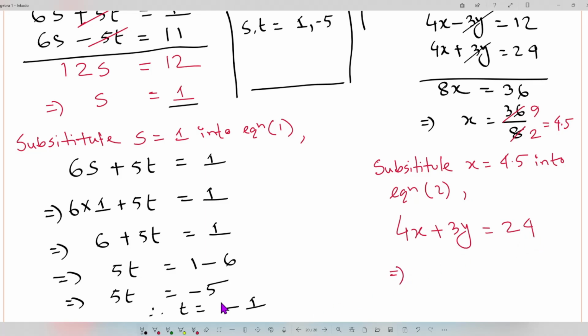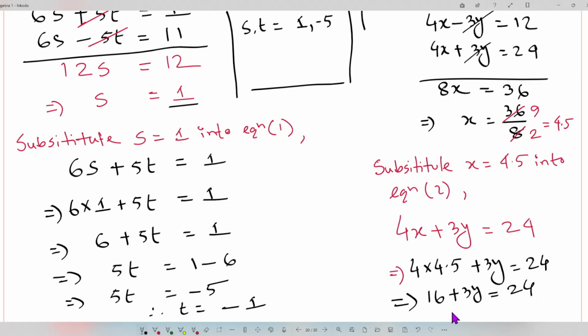Then 4 times 4.5 plus 3y equals 24. Now we multiply: 4 times 4.5 is what? It is 18, right? 18 plus 3y equals 24.